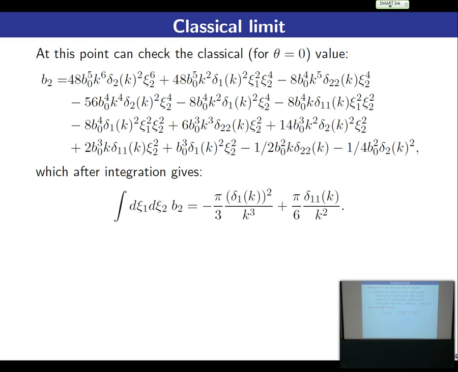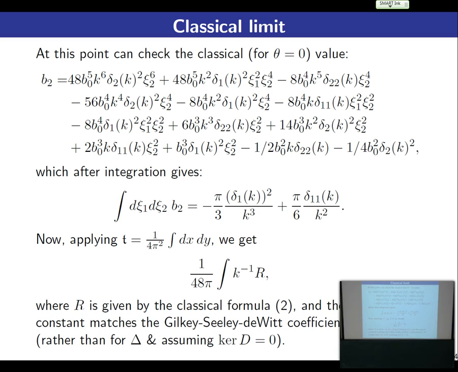And miracle, after integration over xi1, xi2, which was done, I think, by computer first, one gets a very nice formula like that, which, after applying trace to this formula, produces 1 over 48 pi K inverse R, where R is this expression I gave you a few transparencies back, the classically computed R.